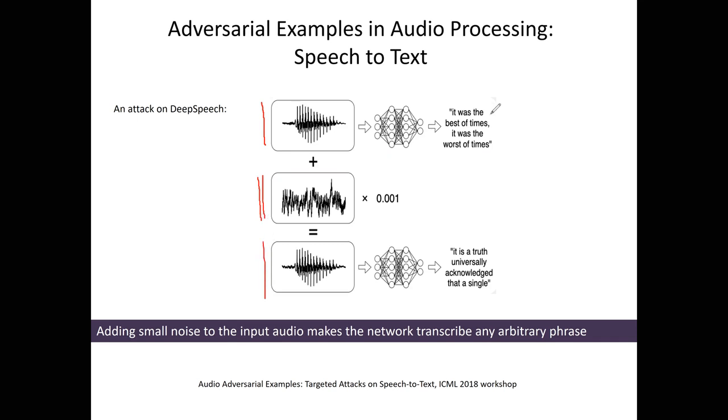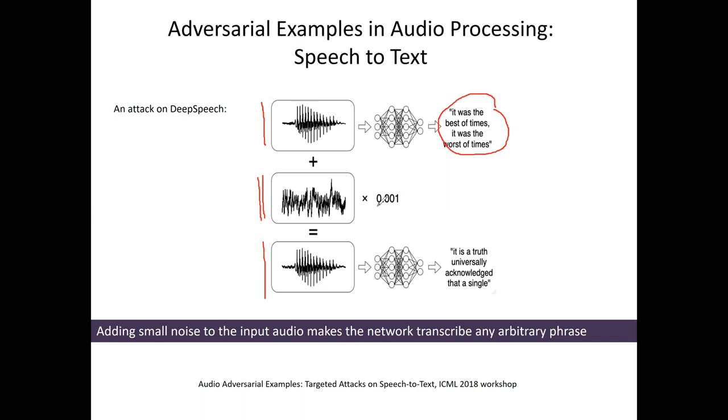So the original recording gets correctly translated to the following text. It was the best of times. It was the worst of times. We add a little bit of noise, and what would that noise be? This would be, for instance, a reduction in the volume of the sound in the original recording, or we increase the sound a little bit, but a very, very little bit, imperceptibly so, or maybe even perceptibly, and any human pretty much would be able to translate the sound into the original text.